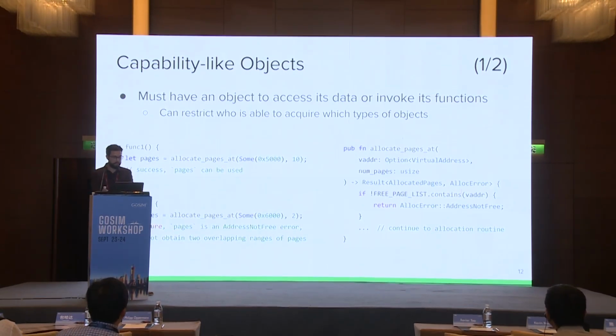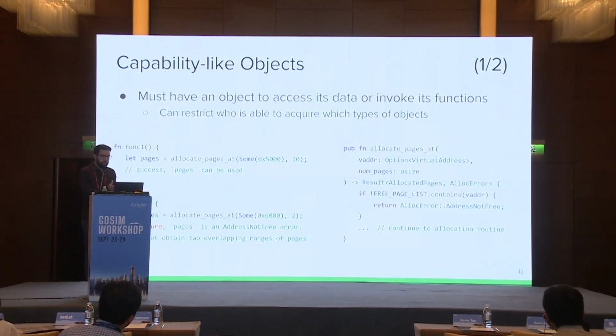Whereas if you had something like a call to allocate pages that had already been taken, right? So let's say that func2 was invoked right after func1. We've already allocated these pages, so we can't reallocate them, right? That invalidates the entire point of an allocator. So you'd get a failure, right?